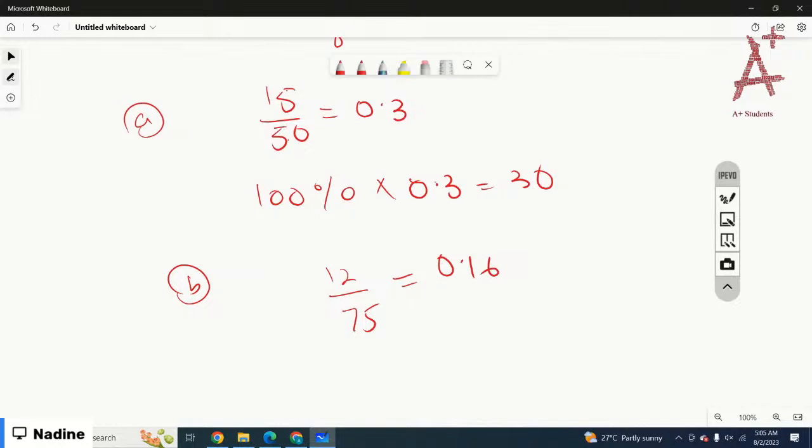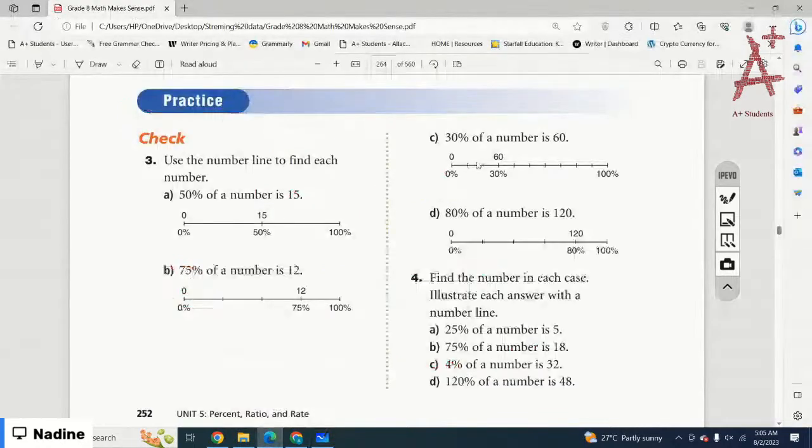Got it? Multiply 0.16 times 100. That means the number is 16, and 75% of the number is 16... that is, 75% of 16 is 12. Right?